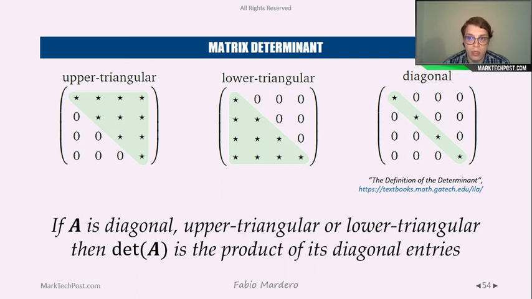In those three cases, the determinant of the matrix is the product of its diagonal entries. This can be seen by applying the Laplace expansion. Of course, between these three matrices, the diagonal one is the simplest one, because everything elsewhere from the diagonal is equal to 0.